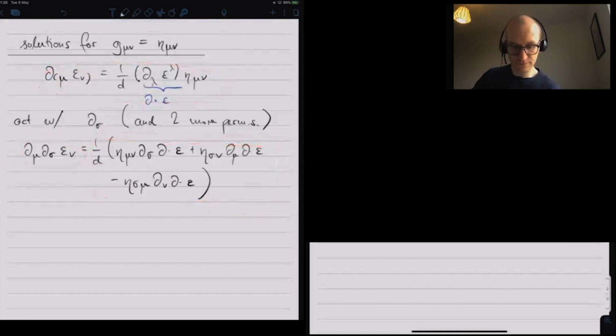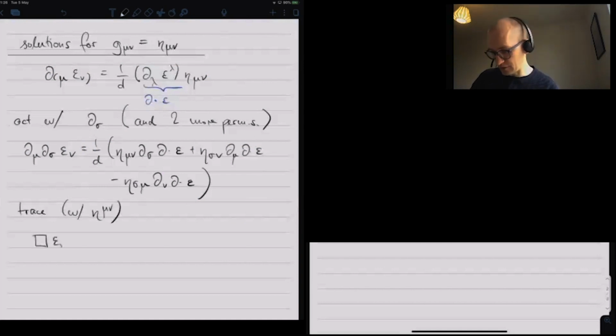Now, we have added 1 derivative. That equation doesn't look particularly nice, but now if we add the operation of trace, with respect to η^{μν}, then I get an equation which takes the form of the flat D'Alembertian, the D'Alembert operator in Minkowski space, on ε_ν.